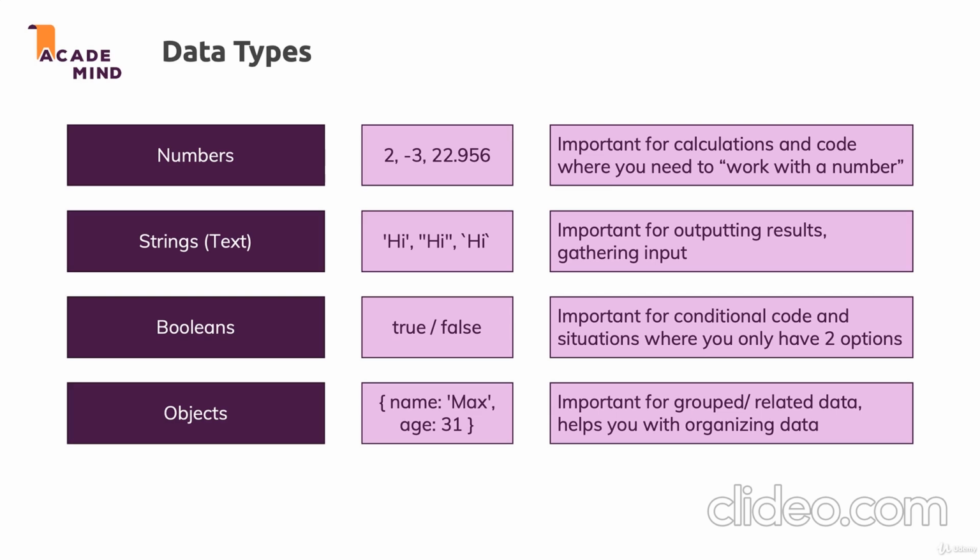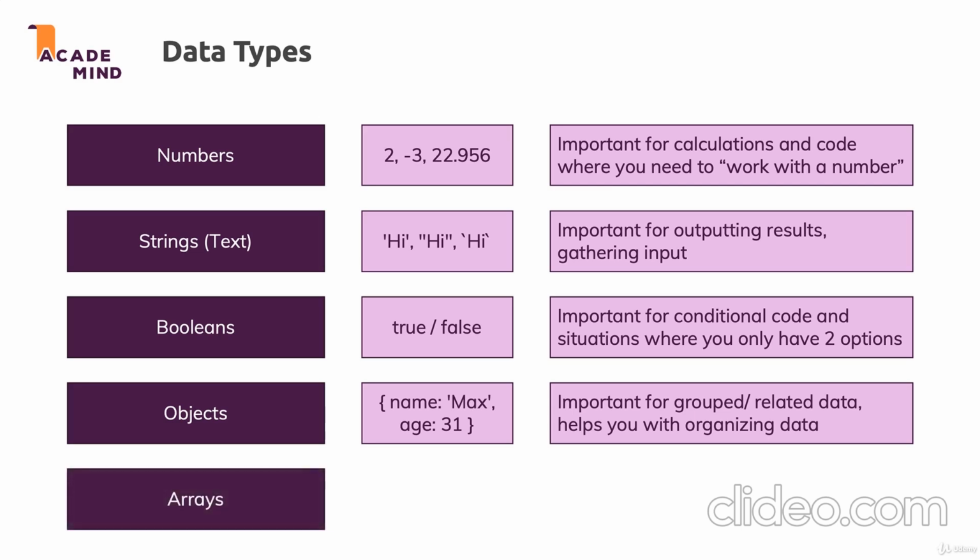Now, speaking of organized or grouped data, another core data type are arrays. Arrays are created like this with the square brackets here, also in the same place where you would create numbers or text or whatever you need. And an array is simply a list of data.